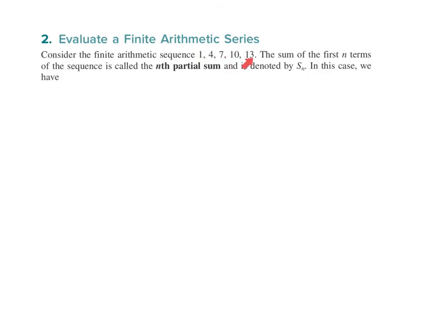The sum of the first n terms of a sequence is called a partial sum, also known as a series. It's indicated here by S sub n. That means a series or sum, the nth partial sum of that sequence.